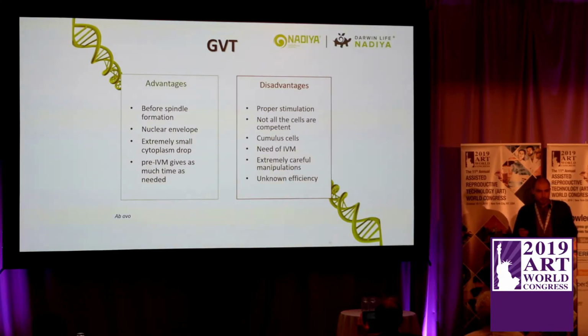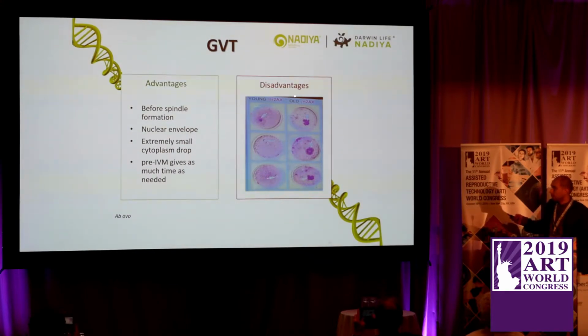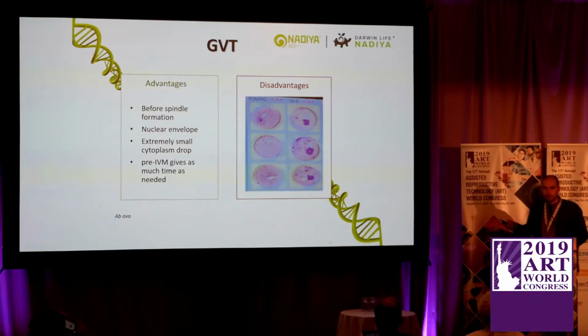But the main disadvantage of this method is a disadvantage only for advanced maternal aged patients, because for young patients there is no such disadvantage. Unfortunately, we know that there is a signal of double strand breakage in DNA. When you look at the young donor oocyte, the signal is very weak, so there are no DNA breakages here.